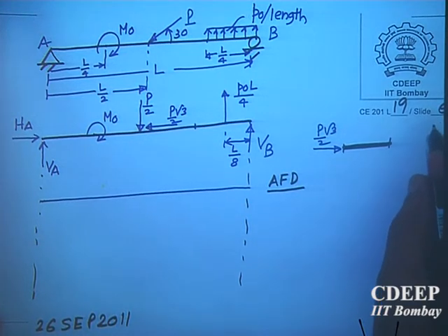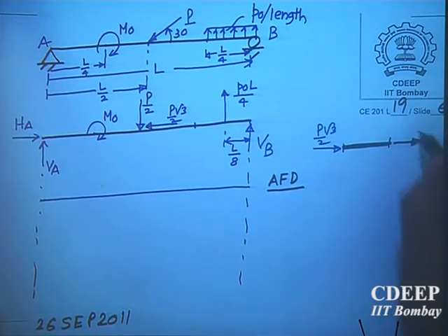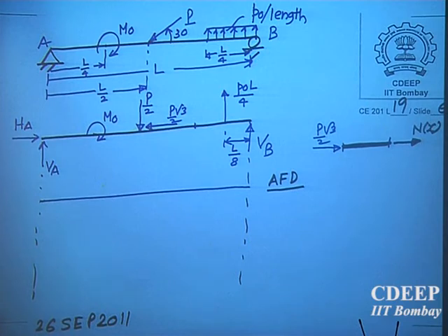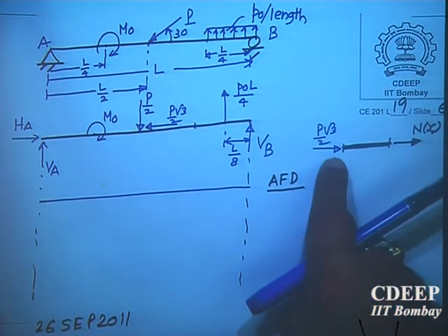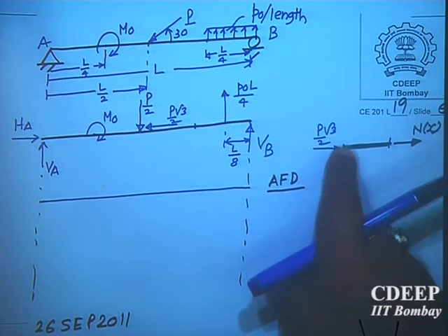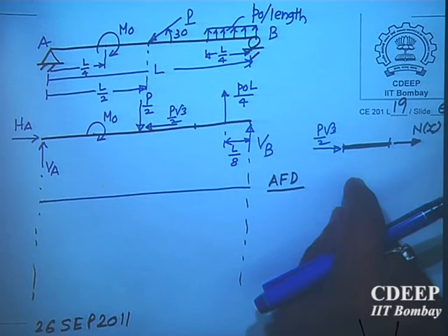Just like we use M for bending moment, we use N. So this is Nx, positive Nx. So this plus this equal to 0, or Nx equal to minus. What is the physical meaning of minus?